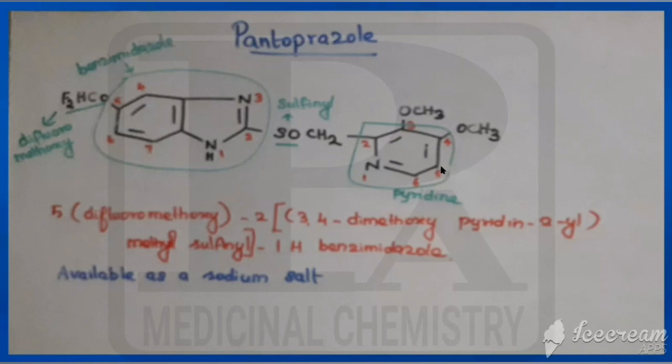So what are the three differences between omeprazole and pantoprazole? Omeprazole has methoxy in the fifth position of benzimidazole, whereas here it is OCHF2, where two hydrogens are replaced by two fluorines. Another is that the third methyl is replaced by methoxy, and the fifth methyl is absent. So what is the chemical name?